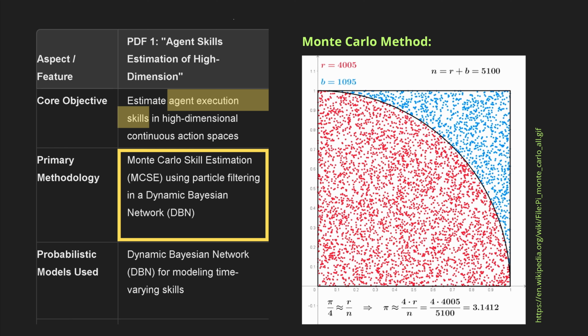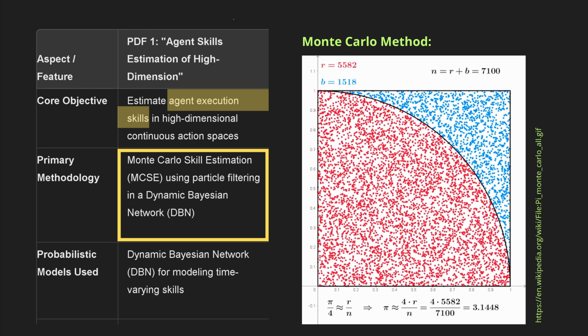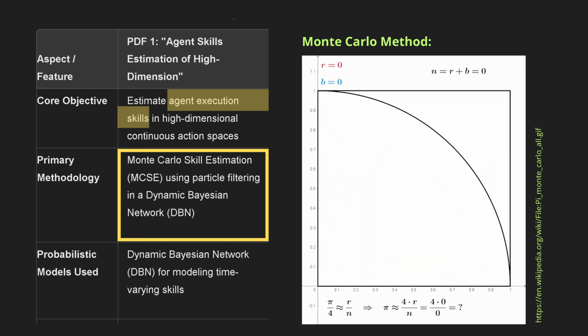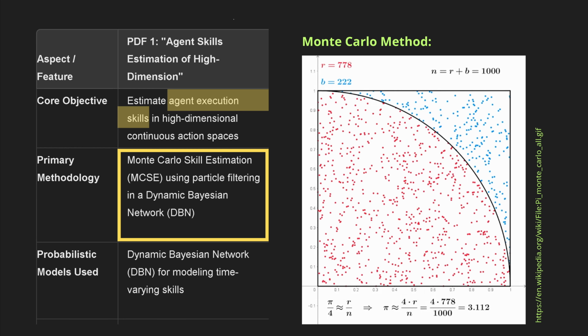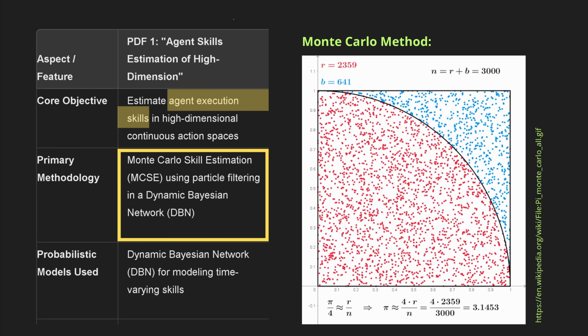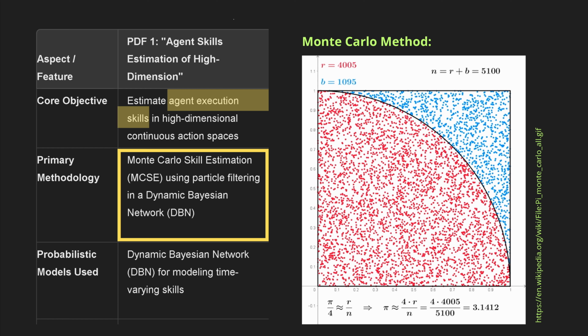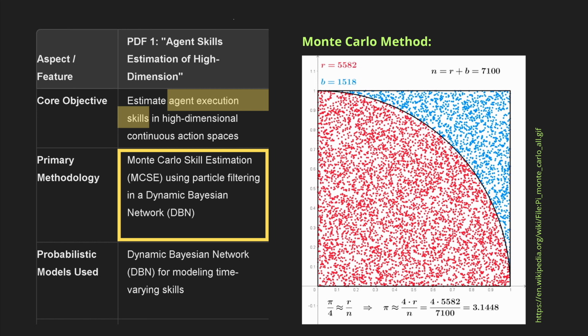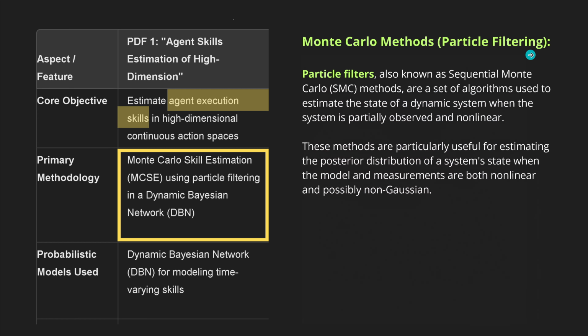Just imagine we take this 2-dimensional idea to discover the hidden parameter pi, and we take it to a 1000-dimensional state space and we calculate with our simple dots to find the hidden parameters, our skill levels, if we just look at the action of the AI agent in a particular time step.